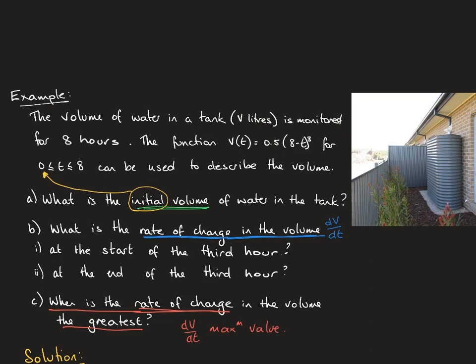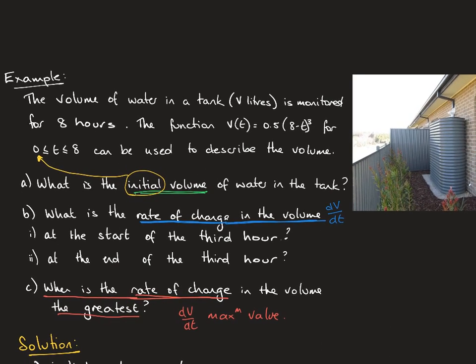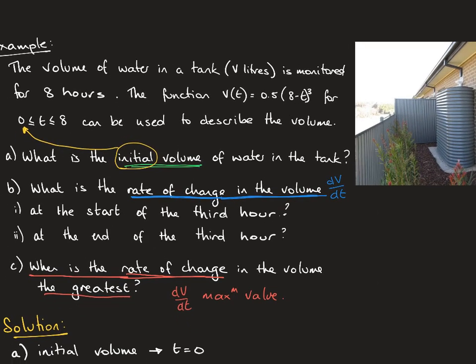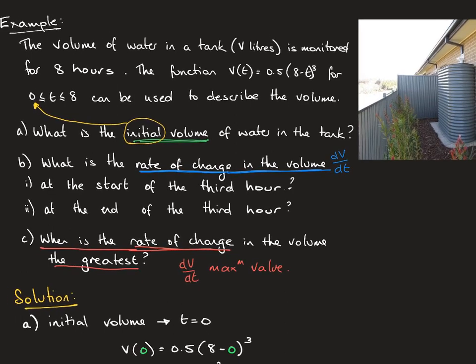All right, so let's go ahead and do some of this work. So for part A, what is the initial volume of water in the tank? The initial volume of water is when t is equal to 0. And so what we do is we substitute a 0 for t in our volume formula.